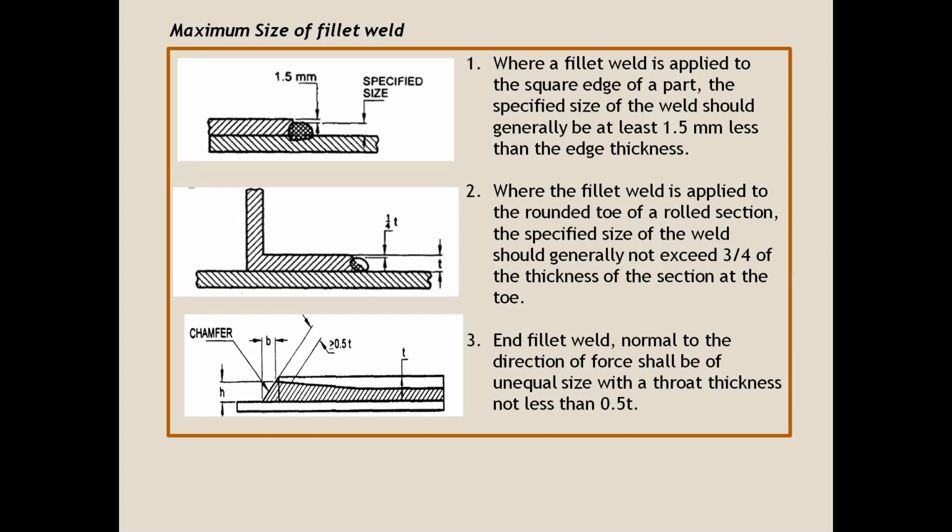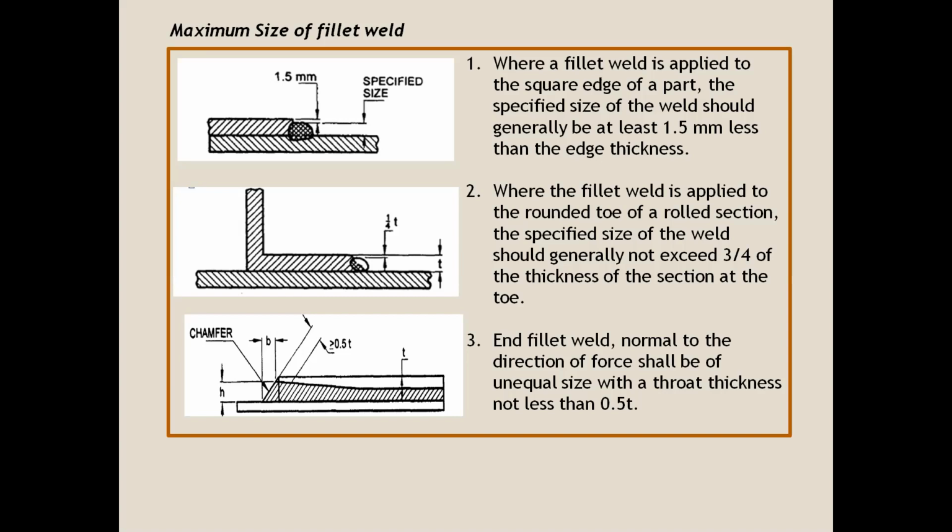See the first diagram for the specified size. You have to maintain at least 1.5 mm less than the edge distance. That is the fillet weld applied to the square edge.